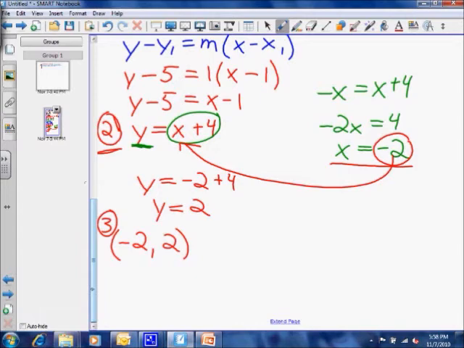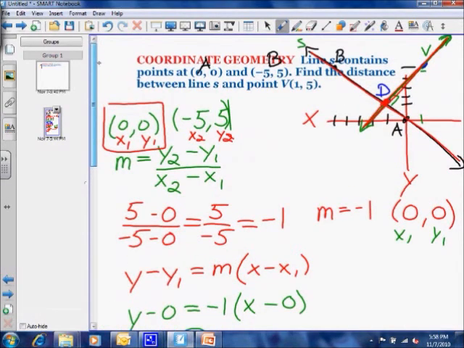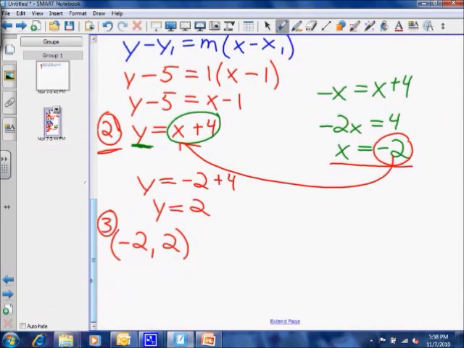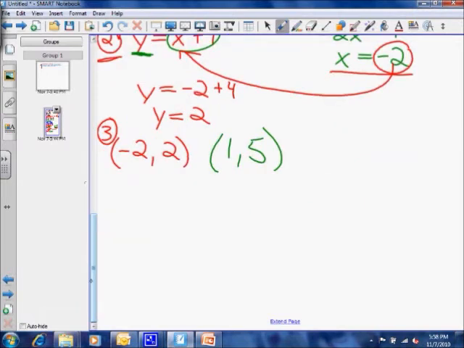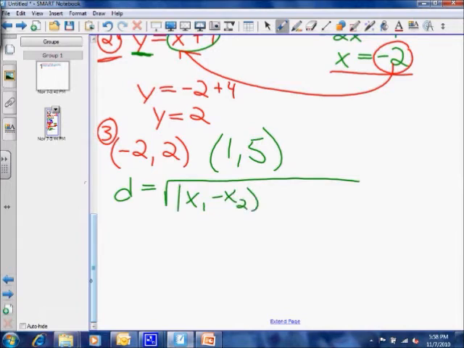Alright? So now I have my point from step 3, -2, 2. And now I'm left with the distance formula with my original point that we were searching from, which is V, and V was at 1, 5. So I have 1, 5, and I have my new intersection point, -2, 2, and I need to use the distance formula. The distance formula was d equals the square root of x sub 1 minus x sub 2 squared plus y sub 1 minus y sub 2 squared.